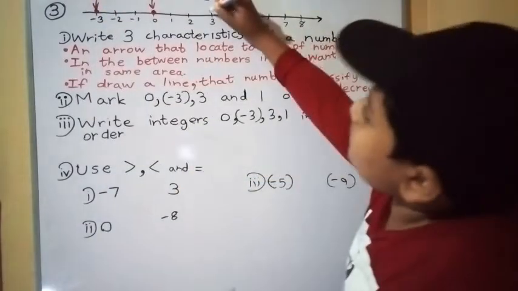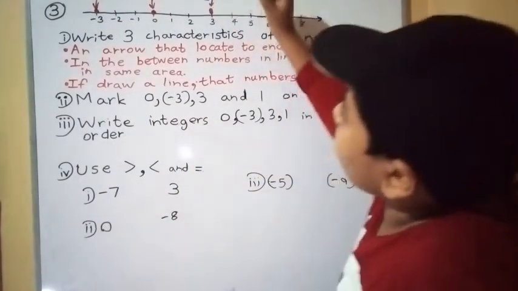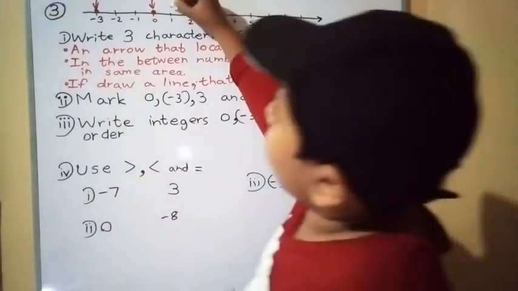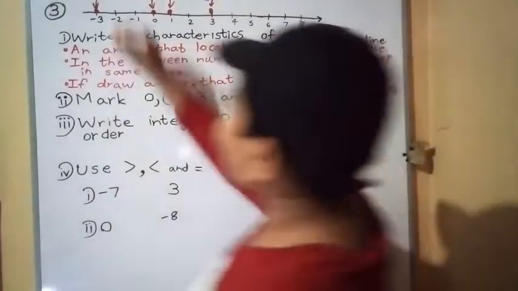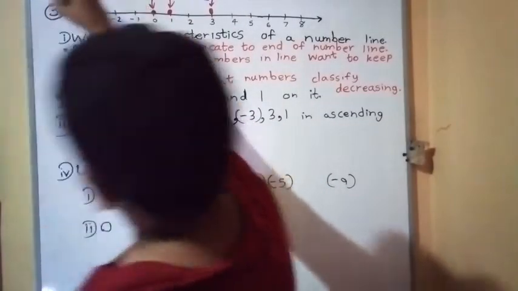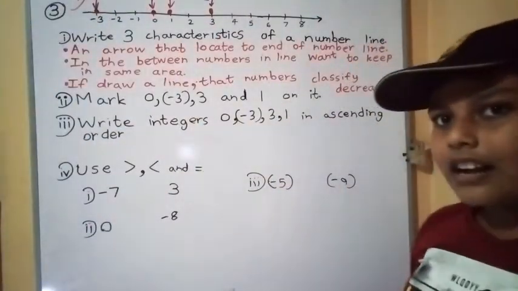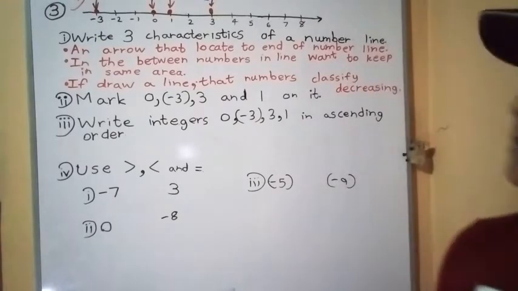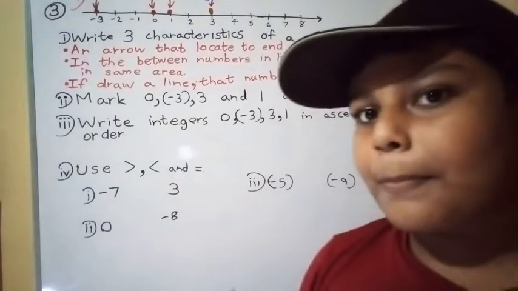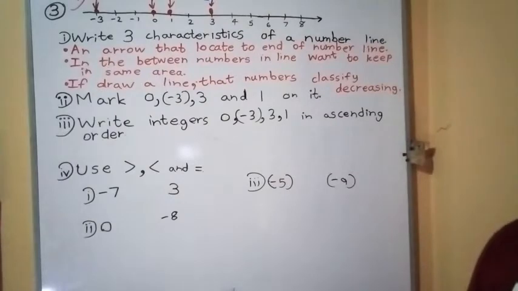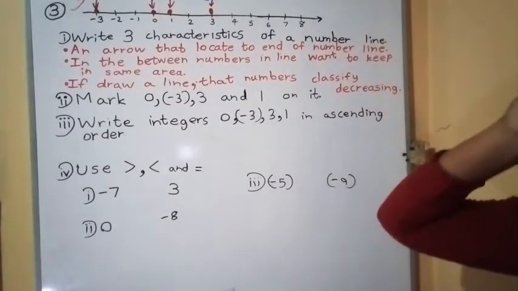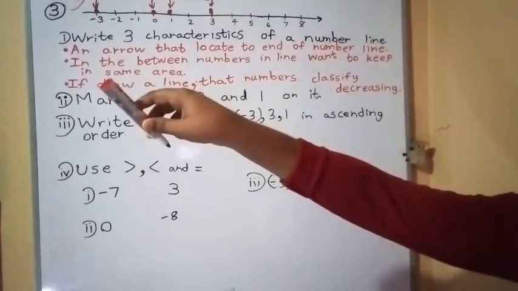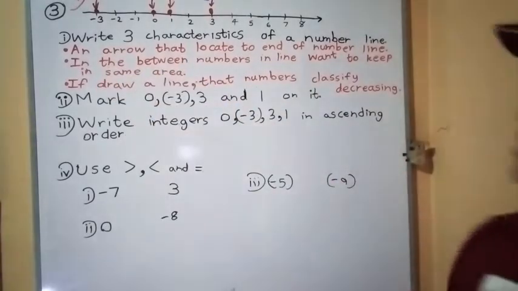Okay. +3 means there. +1. Okay. Second one is also finished now, because you want to mark on it, as given in the instructions.